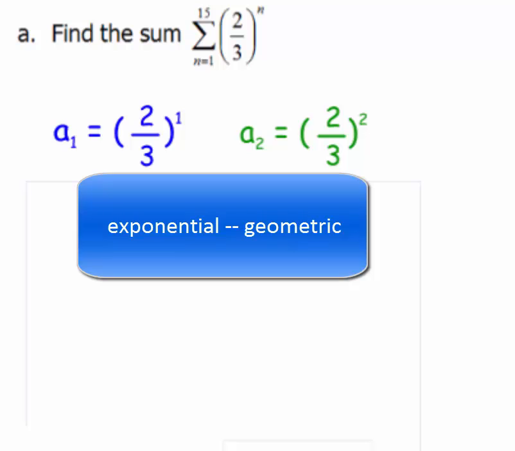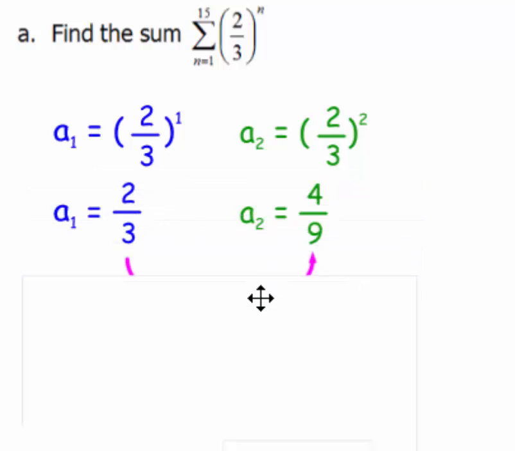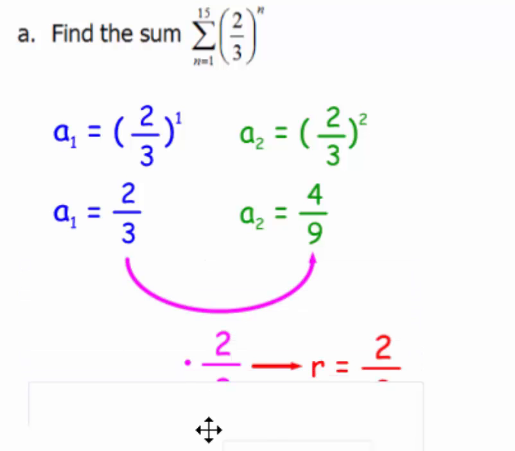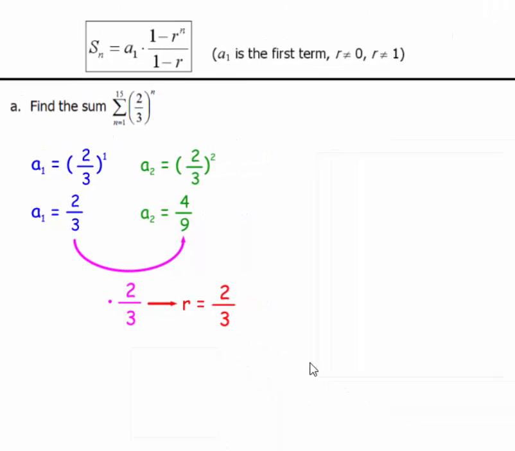Okay, so we can find the first term and the second term. Then to get from one to the next, you have to multiply by 2/3. So that's how we know that r is 2/3. Now we've got a lot to go on, right? We've got a sub 1, we've got r, we've got n, so we're ready to go.